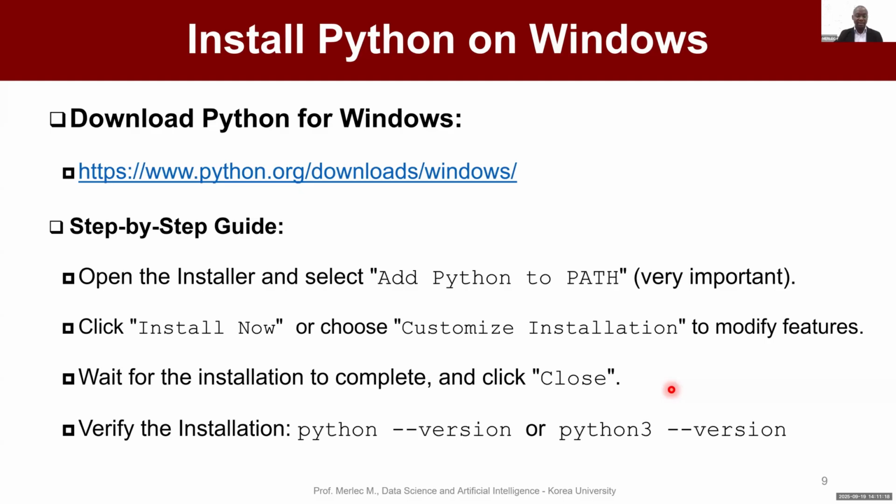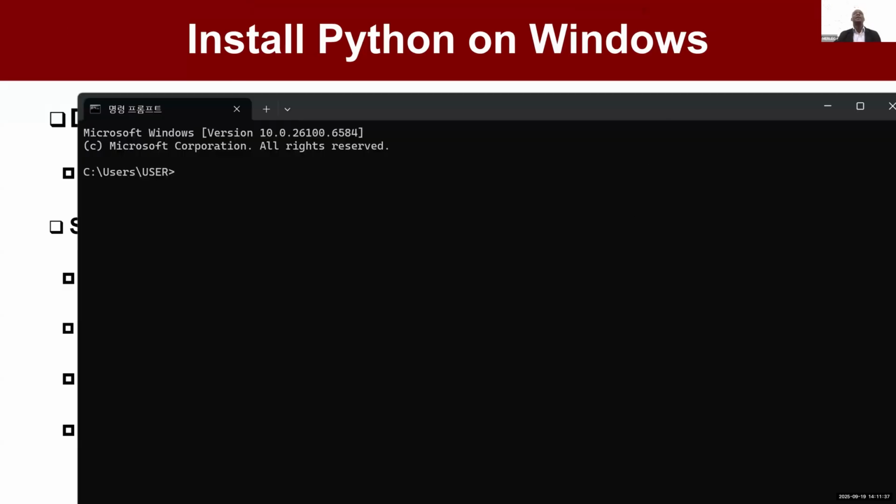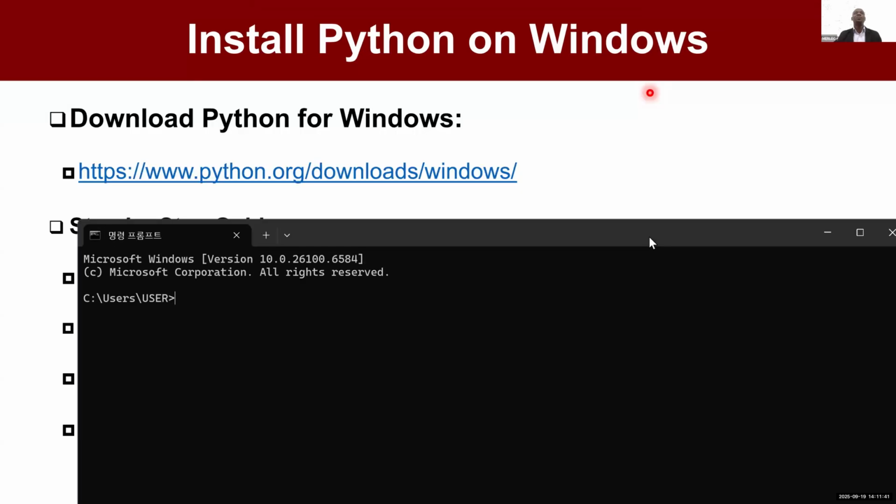When you write CMD, let me show you. If you run CMD, it will open this terminal. From this shell terminal on Windows, you also have the same terminal on Mac and Linux.